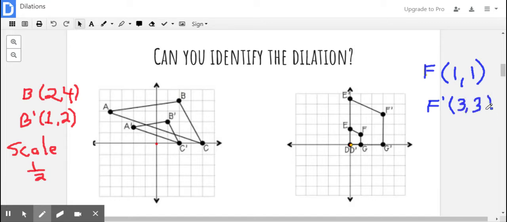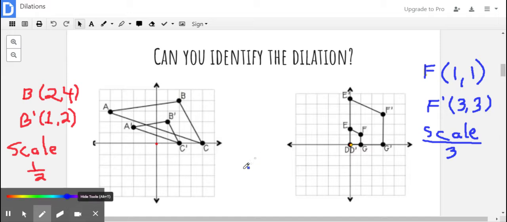So in this case, our scale factor is 3, three times bigger. We can check that with some of the other points, like point G to G prime. That's 1 away, and now it's 3 away. E is 1.5 away, and now it's 4.5 away. So those other points match what we've just found out.